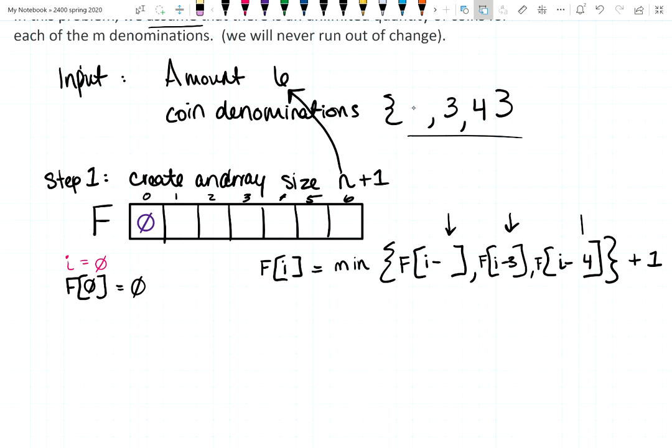So let's say 1, I'm going to color code this. So 1 is going to be purple from now on. And 3 is going to be green. So these are representing our coin denominations. And 4 is, let's just make that orange.